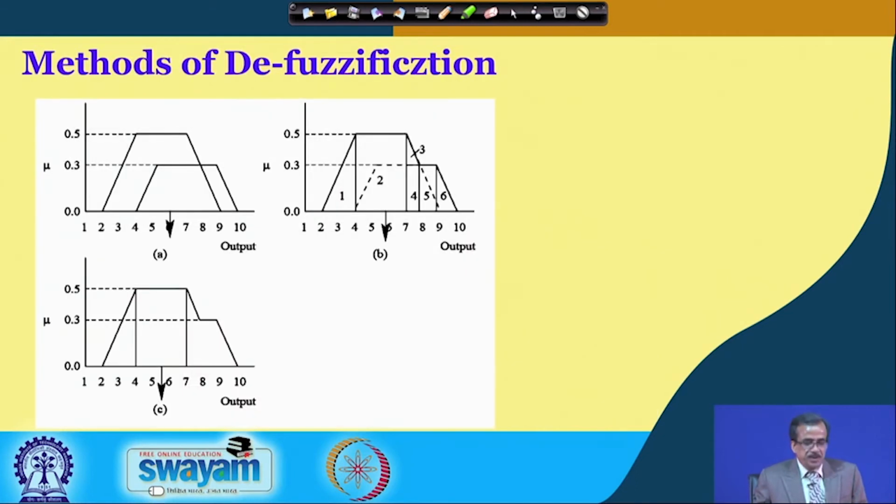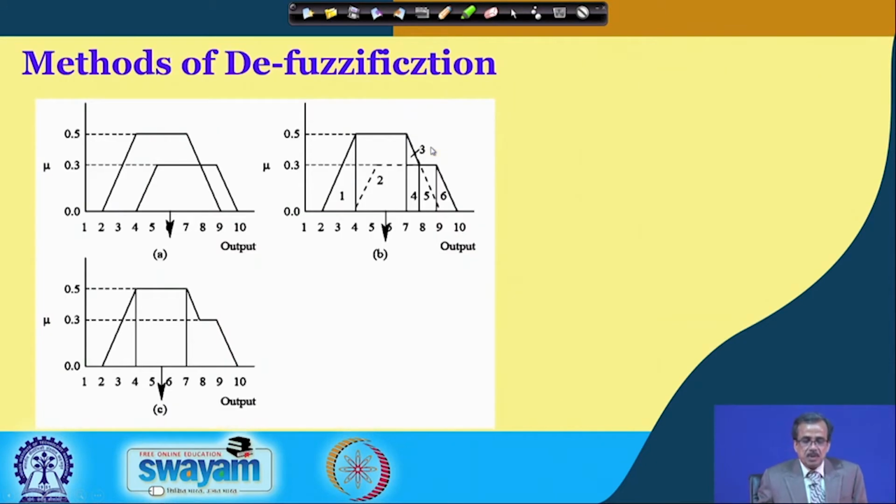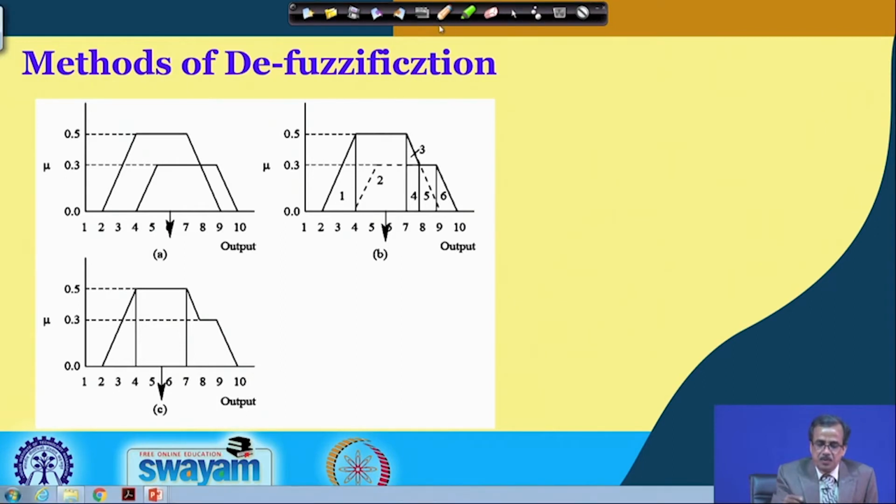Now, I am just going to discuss another technique, and that is called the centroid method. Here, what we do is, we take the help of the centroid method. Now, this particular output is the output of the combined control action.